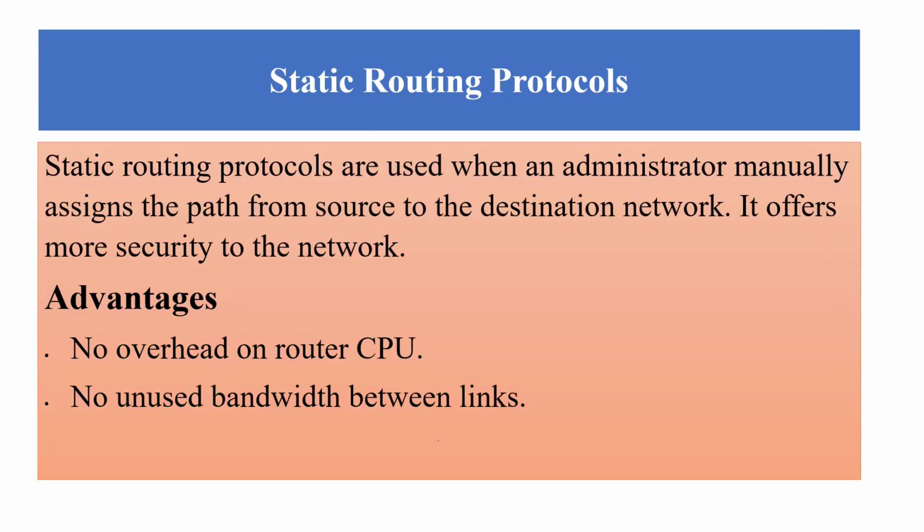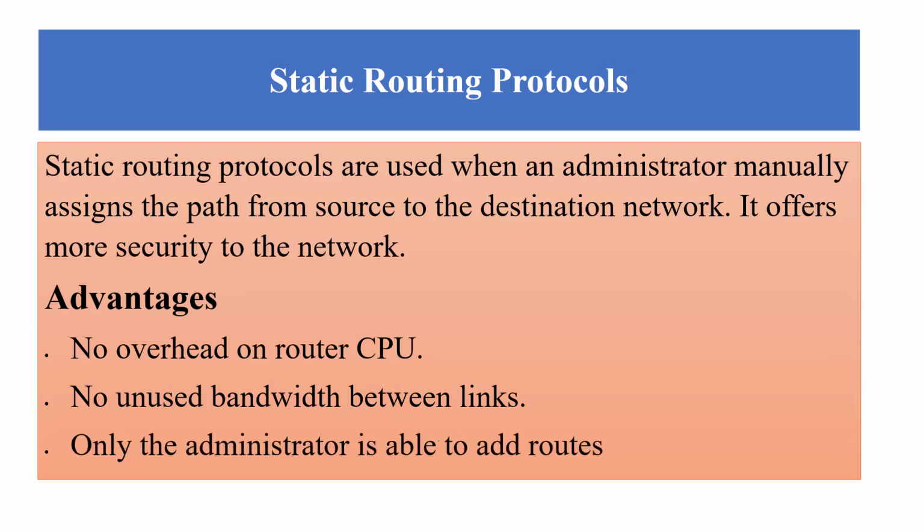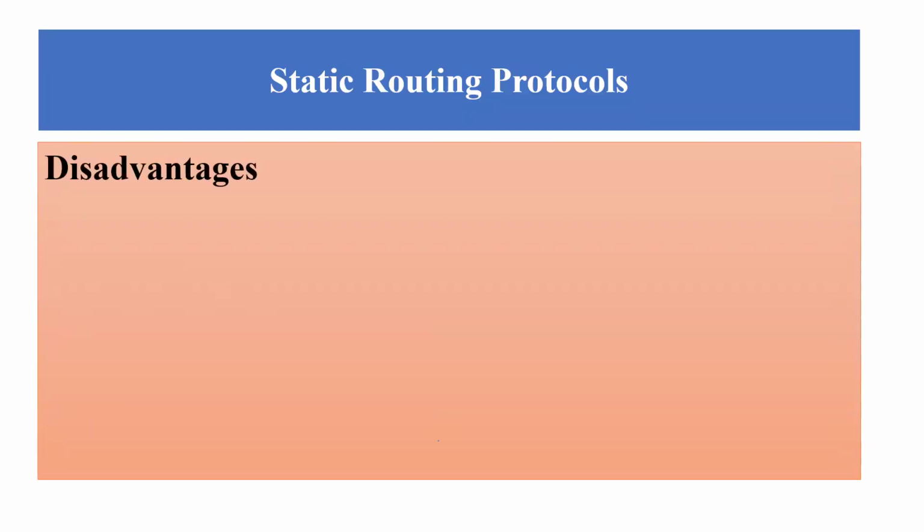Another advantage of static is that there is no unused bandwidth between links, because the paths are statically defined, it doesn't use any additional bandwidth to determine the path to be used by the packet. Only the administrator is able to add a route. If you want to add a new route, you cannot add it without it being defined by the administrator. So these are the advantages of static.